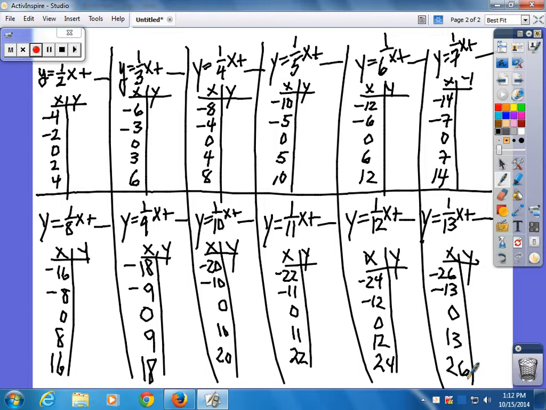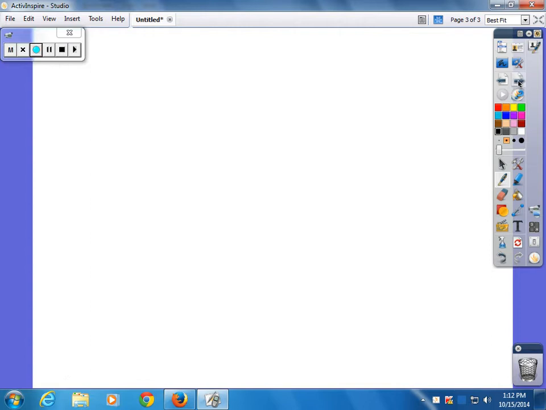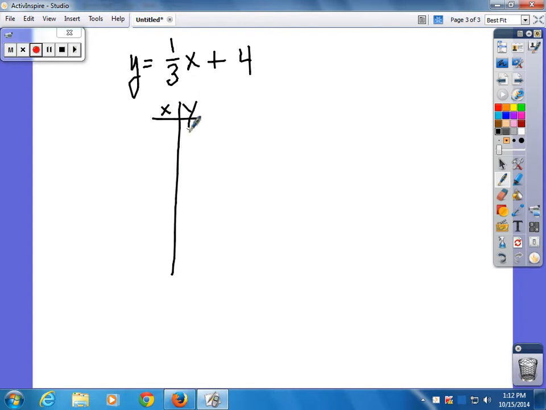Now, let's take one of these and make these just blanks, because it doesn't matter what's here. You just go multiples of the denominator. And what will happen to the fraction? It'll cancel out. 1/3 x plus 4. Now, there's a fraction in it and we're going to graph it. What multiples are we going to use? -6, -3, 0, 3, and 6.